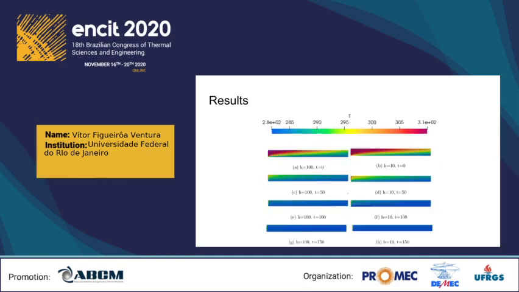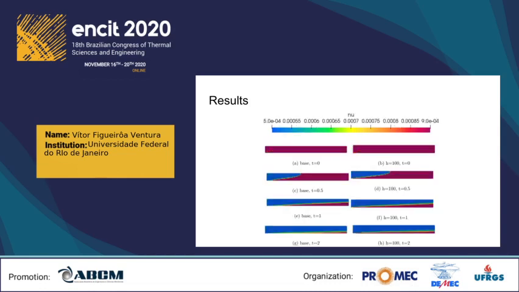Here is the cooling process for the two different heat transfer coefficients. We can see that for a higher heat transfer coefficient, the temperature got lower faster, but the two simulations are similar. And here are the restart simulations, for two different heat transfer coefficients.